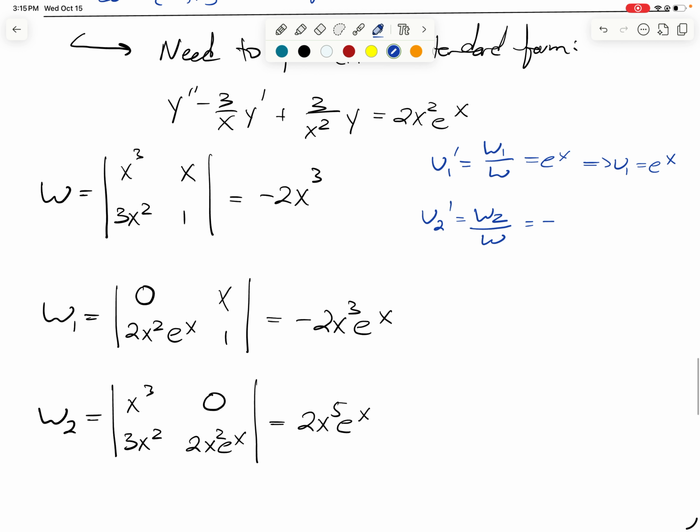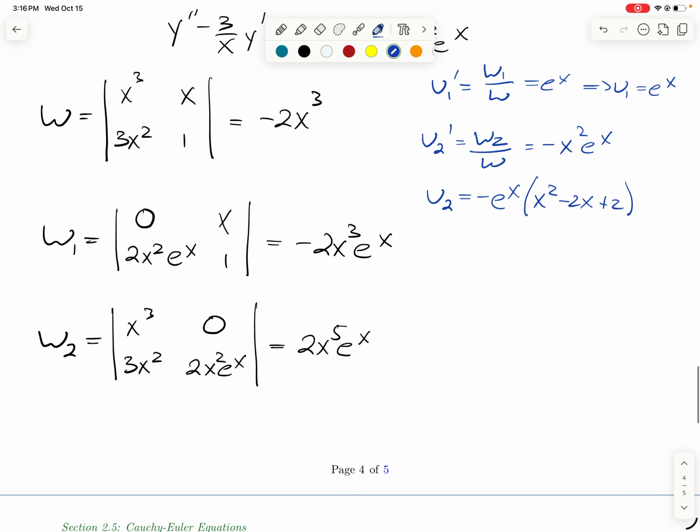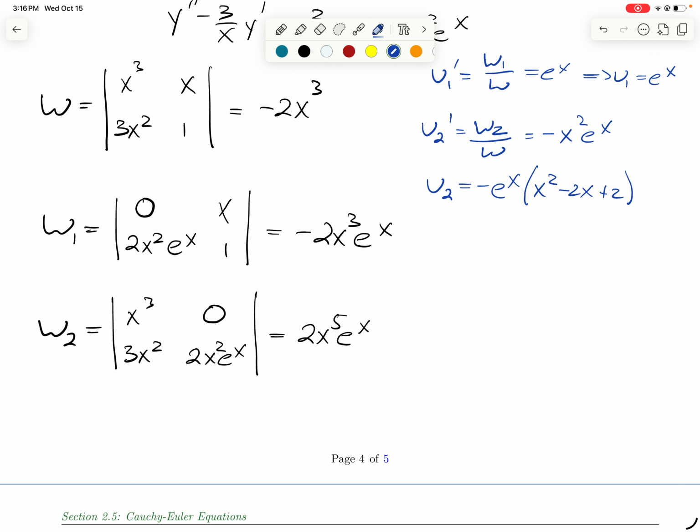And so we learned in class, you can just do integration by parts twice, but you can also write U2 as negative e to the x times x squared minus 2x plus 2 when you factor everything out there. So that's U2. And so now you can finally write down your solution. So y is the complementary solution, c1x cubed plus c2x.